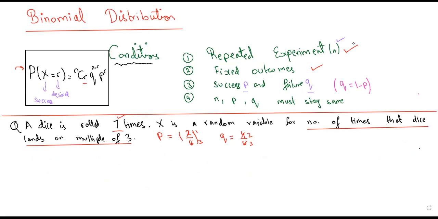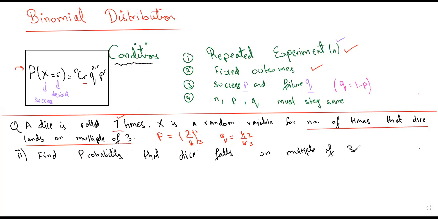So let's say this time around the question was, find the probability that dice falls on multiple of 3 once.